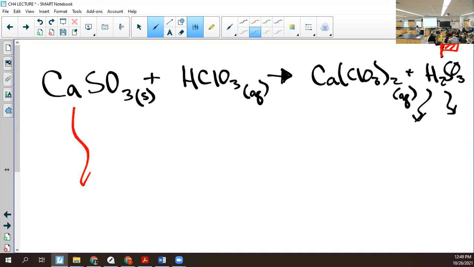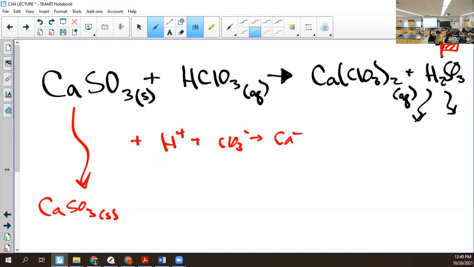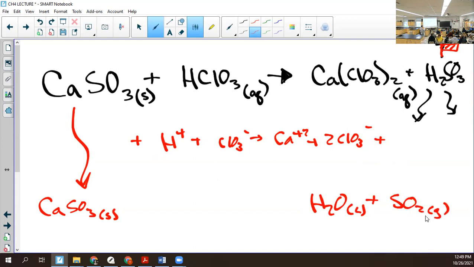All right, since this is a solid, I'm going to go all the way down here. This was aqueous, so I'm going to say plus H plus ClO3 minus. You okay with me so far? This is aqueous, so Ca plus 2 ClO3 minus plus this breaks down into H2O and SO2, correct?